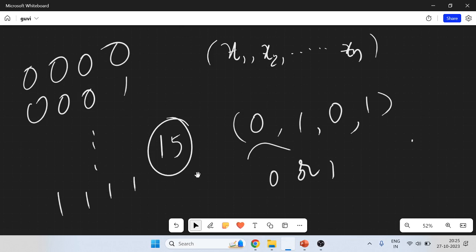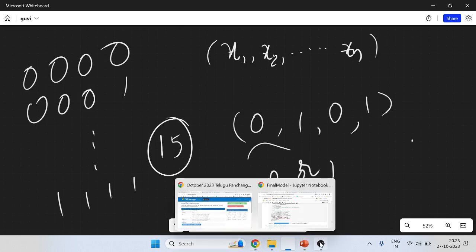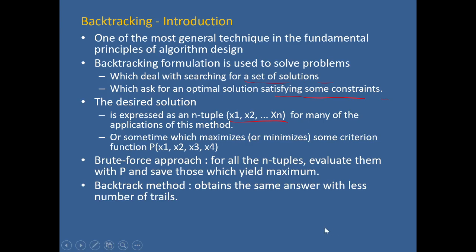Checking all the 15 permutations and giving the desired solutions is referred to as the brute force technique. But unfortunately, the brute force technique may take a lot of time. One thing to remember is that brute force may take time, but it always results in the best solution.